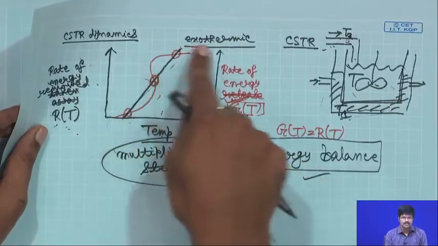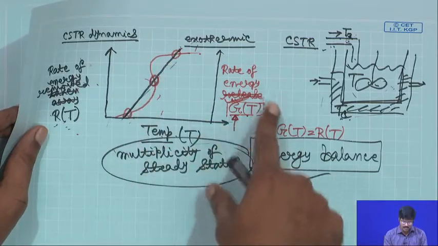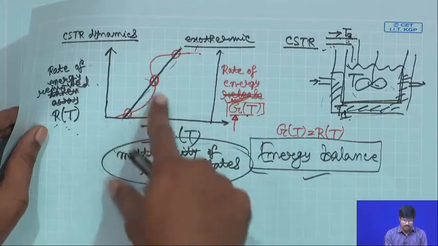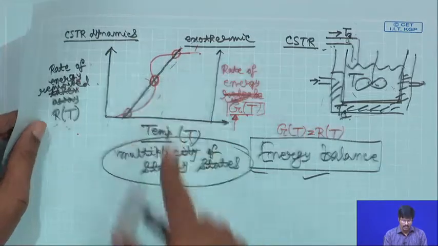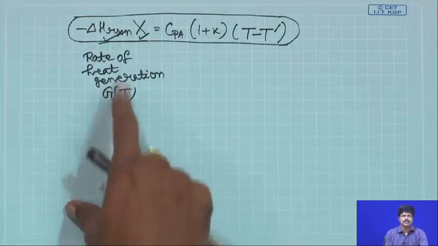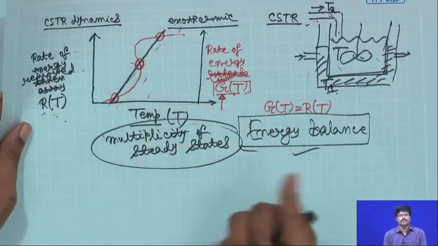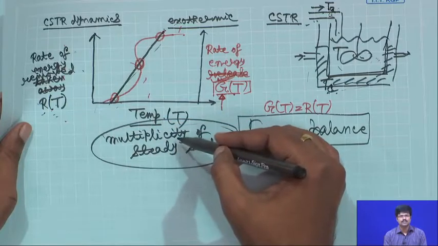This is G(T), the red one, the rate of energy released or rate of heat generation, from the reaction mixture. Because ultimately, how do you get these kinds of graphs? You have to plot G(T) as a function of T.